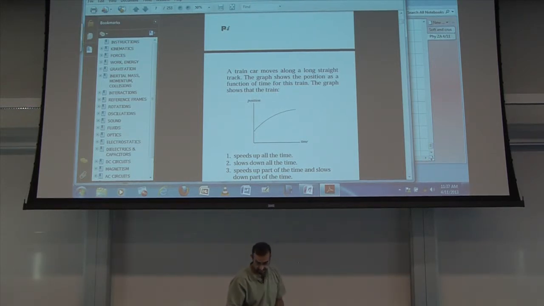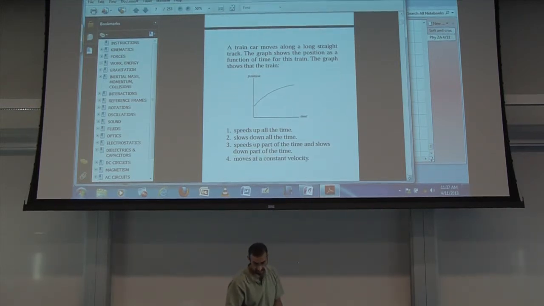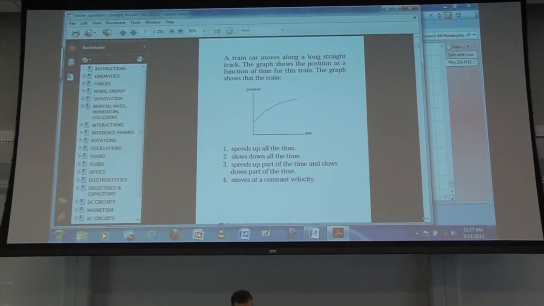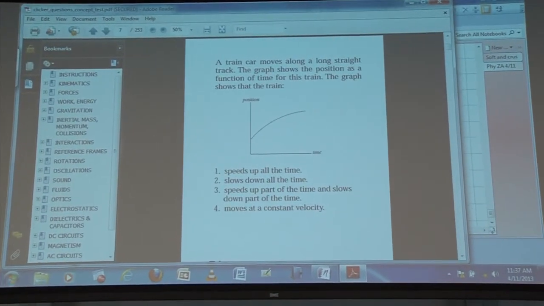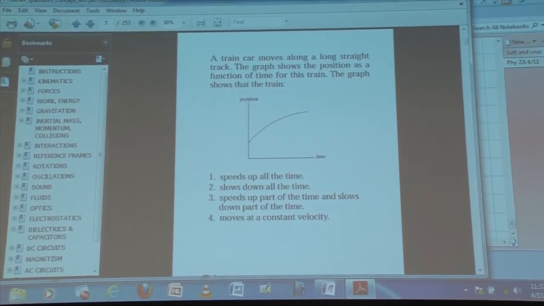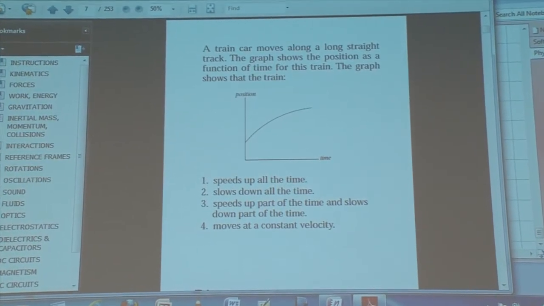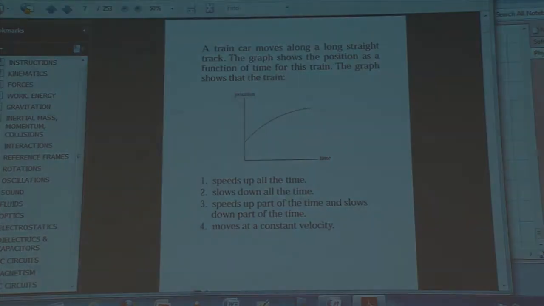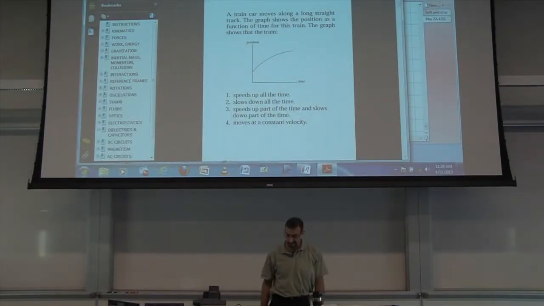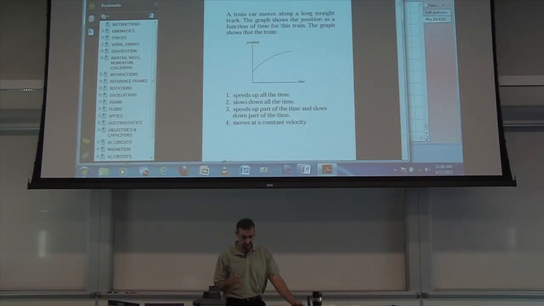Okay, how about this one? A car moving along a straight track. That's position as a function of time. What's happening to this car? The rate is slowing. Yeah, okay. Anybody else?